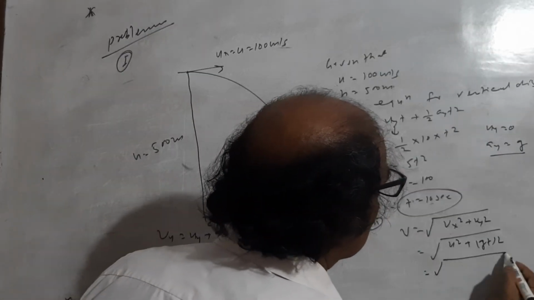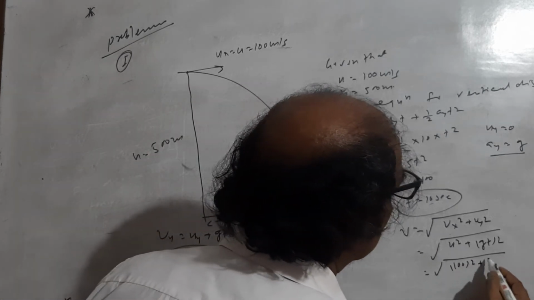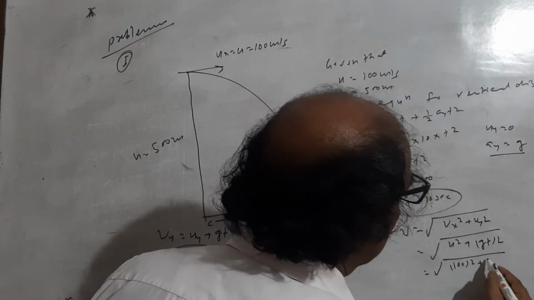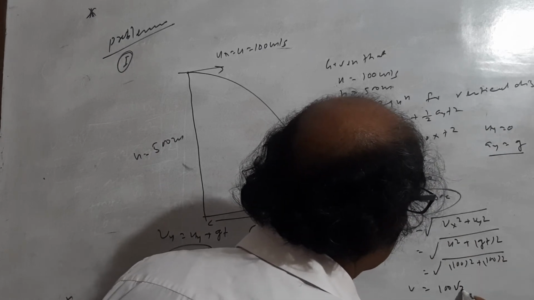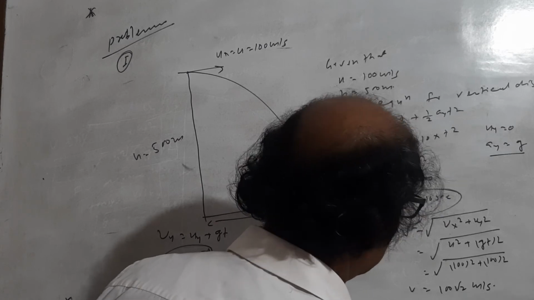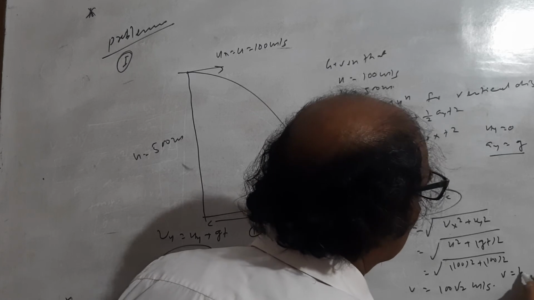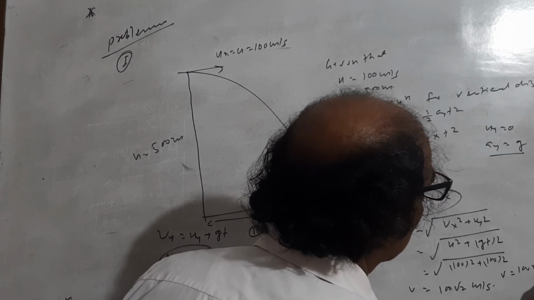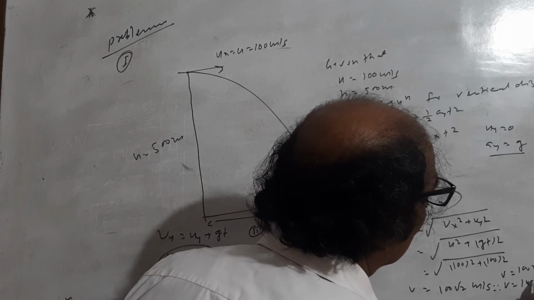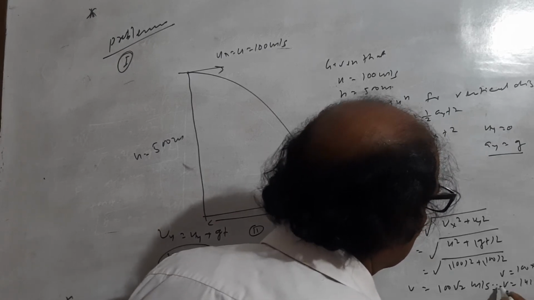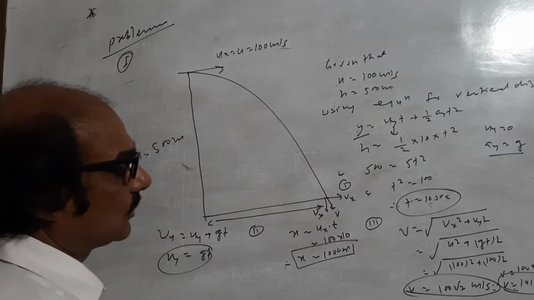Now substituting the values, root of 100 square plus 10 into 10, 100 square, and this is equal to 100 root 2 meter per second, also written as v equal to 100 into 1.414. So therefore v is equal to 141.4 meter per second. This is the velocity of the projectile when it hits the ground.